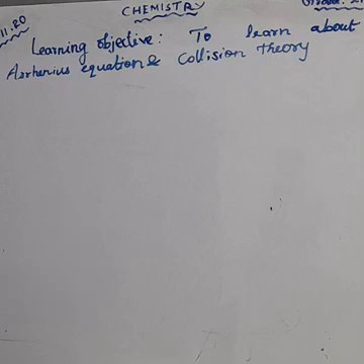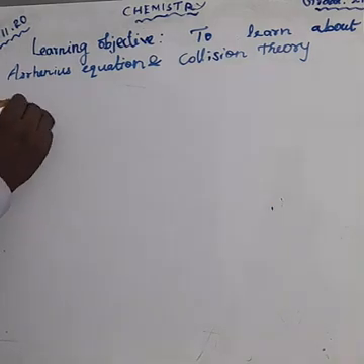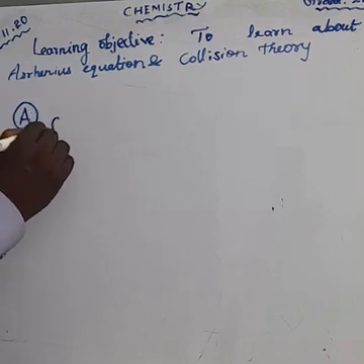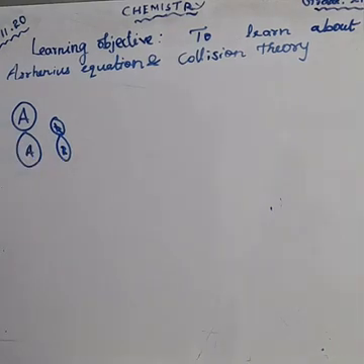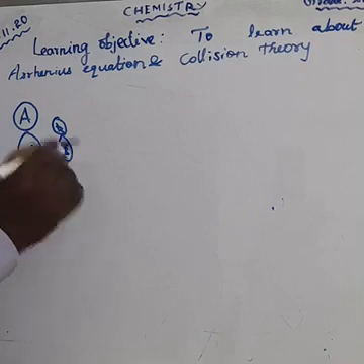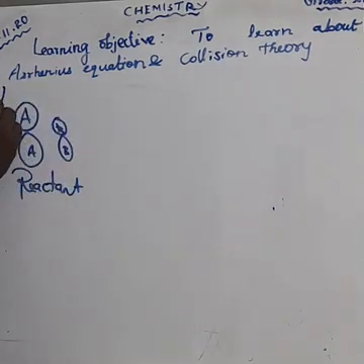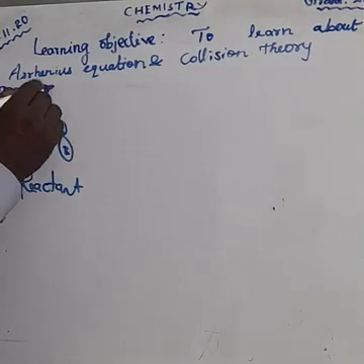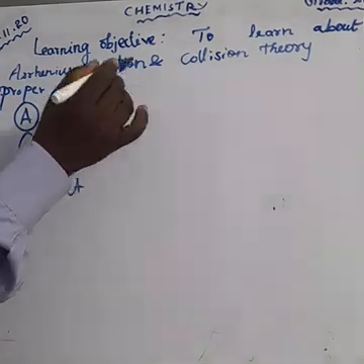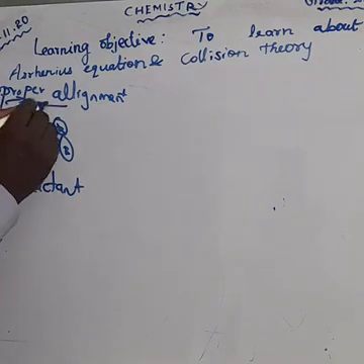First we draw the reactants, A and B. This is the proper alignment, that means the correct form.